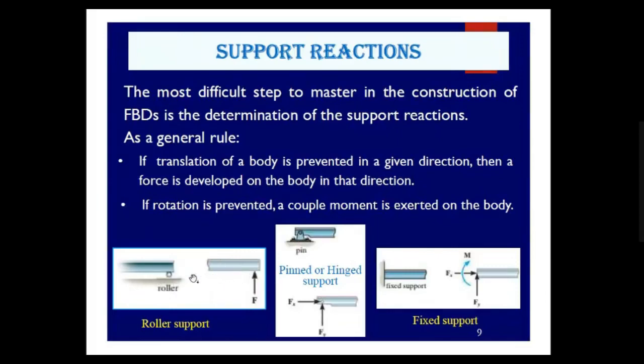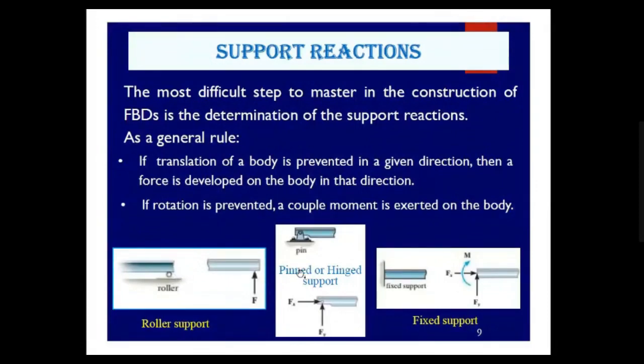The behavior of this support can be mimicked by this force. So in order to draw the free body diagram of this beam, I will remove the support and apply the corresponding reaction forces. And this type of support, which only prevents motion in one direction but allows motion in the other direction, is called a roller support.